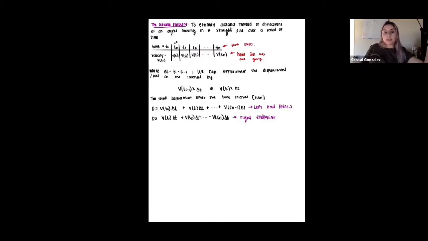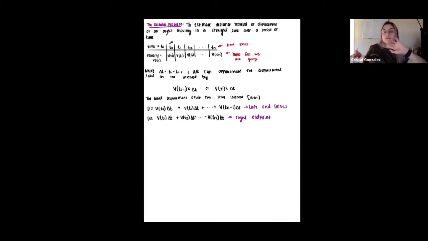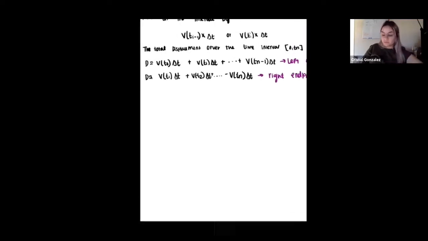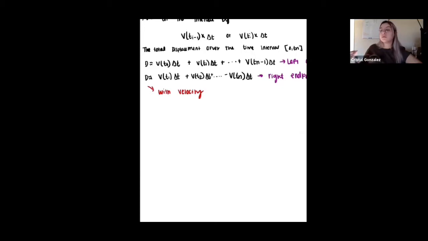But here's the thing: when this tells us our displacement and our velocity, we want to make sure that when we're dealing with velocity, we are doing the absolute value. Because these problems, you can use them for displacement and you can use them for velocity.